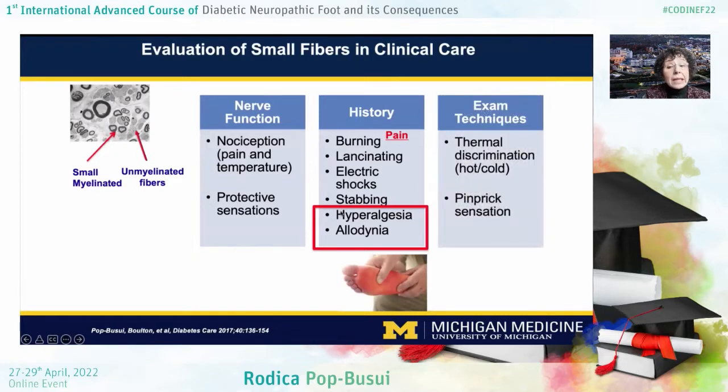And one can indeed highlight and unveil this dysfunction of the smallest fiber by assessing this thermal discrimination for hot and cold temperature and pinprick sensations, and there are a variety of methods available to do so.